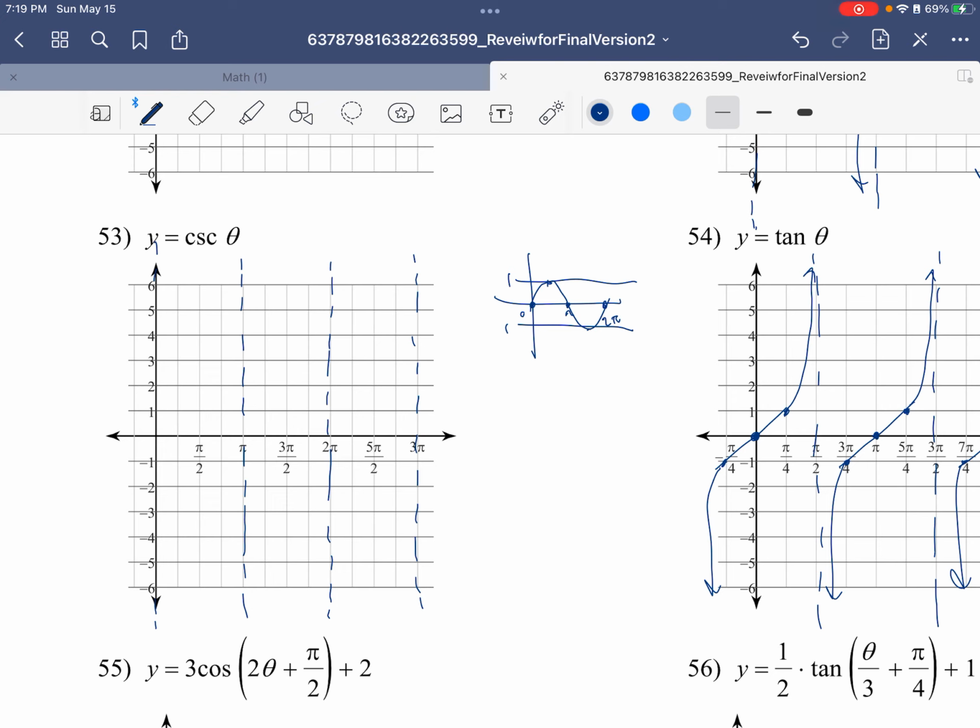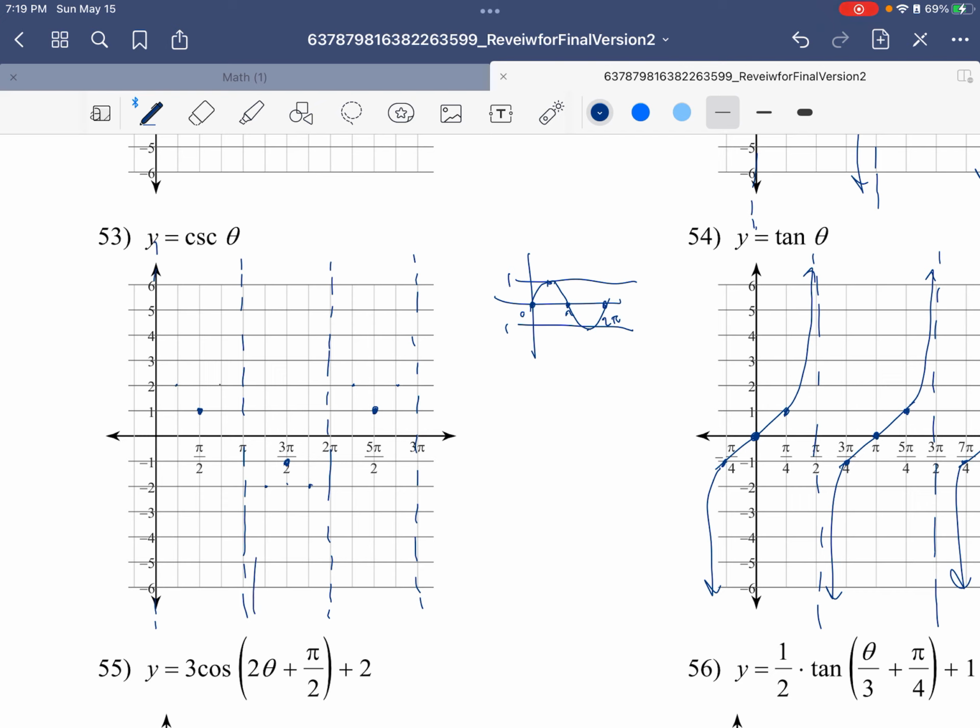And then you're going to plot basically these points. You're going to plot your maxes and your mins, which in this case is just 1. And then halfway from the asymptote to the point, your graph is going to cross those points.